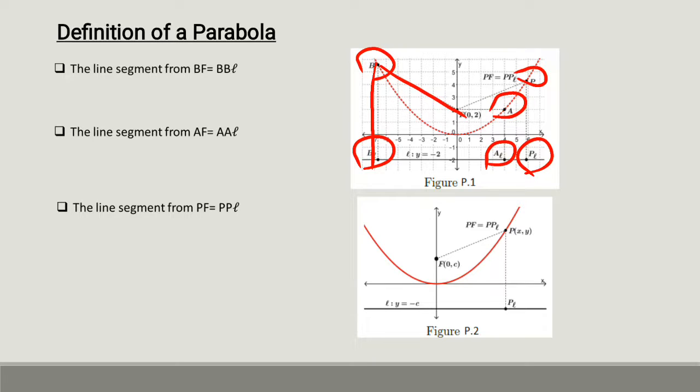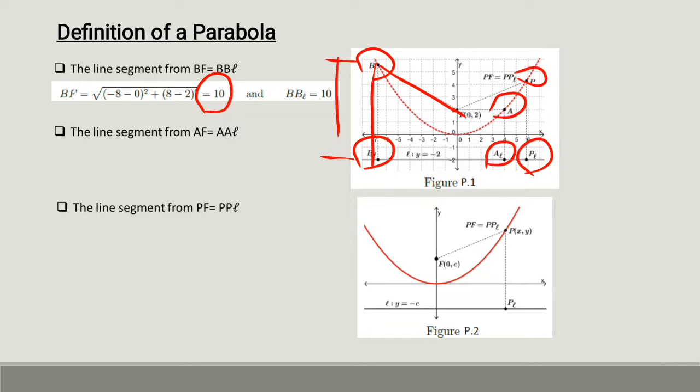Then, kukunin natin ang distance ng B to F using distance formula. So, upon using distance formula, we get the value of 10. Then, the distance also between B to BL is also 10. Therefore, meron din tayong line segment from A to F and line segment from A to AL. So, ang distance din nila ay same, which is 4.